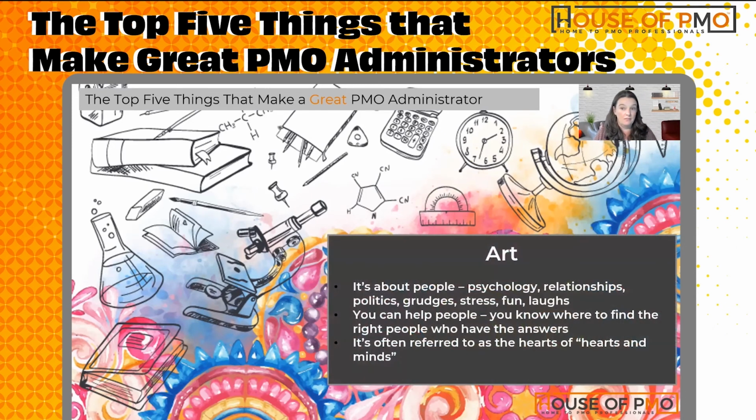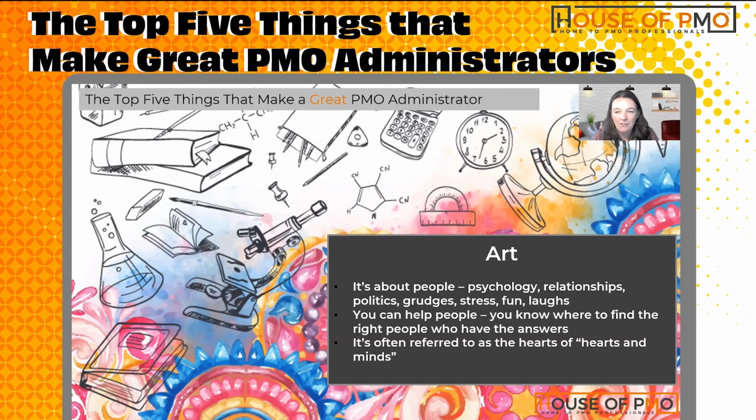Okay, so the art side of the role. I said to you before, it's about people, and as soon as you realize that projects are not about PRINCE2 or methods or templates, and start observing people differently, really focusing on what's being said and not being said. It is about the psychology of how people work together in workplaces and teams. It is about the relationships and the allegiances that people make.